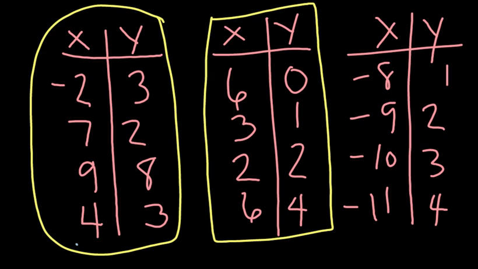It says, for this number, I can't get 2 different answers. I'm only getting one answer for that number. And I'm getting one answer for this number. So, it doesn't matter if there's repeating in the y column. But if there's repeating in the x column, that means it's not a function because there's two different answers.